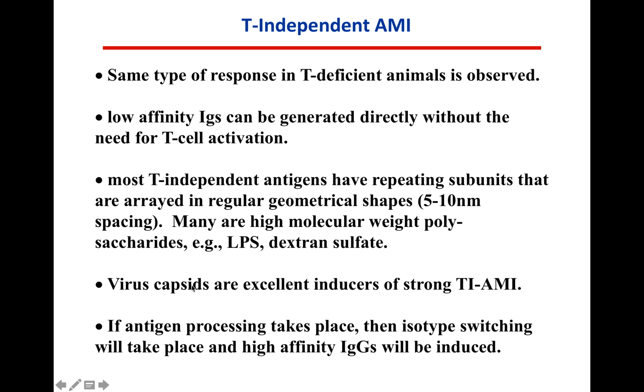Most importantly, virus capsids are excellent inducers of strong T-independent AMI, and this is one of the first events for non-enveloped viruses, and one of our strongest antiviral responses that we have. If the antigen processing takes place, which it will, as we'll see later on after the initial event, then isotype switching will take place and high affinity antibodies will be induced.